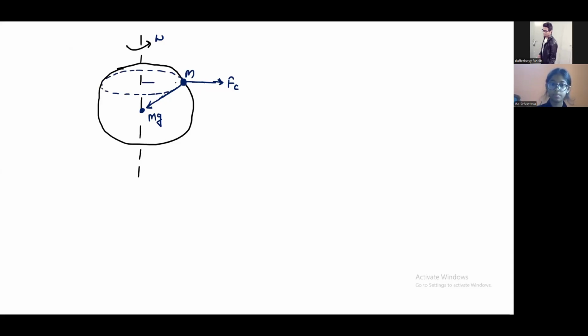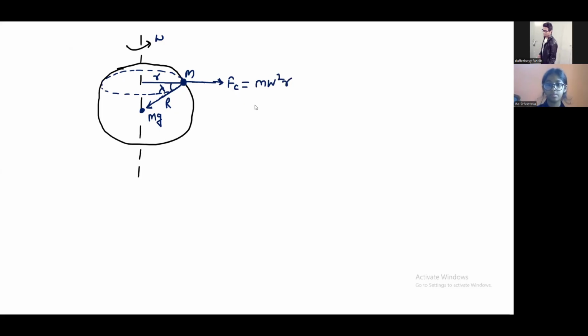It has a radius, let's suppose the small r, and this is the R radius of the earth, and this is the angle lambda. We are taking the lambda value, just another name for the angle theta. So what will we write here? Here we can say centrifugal force is m omega square into r.